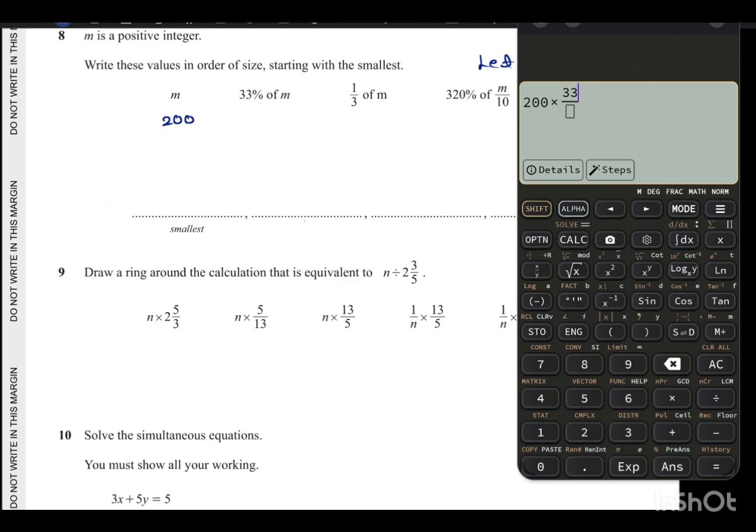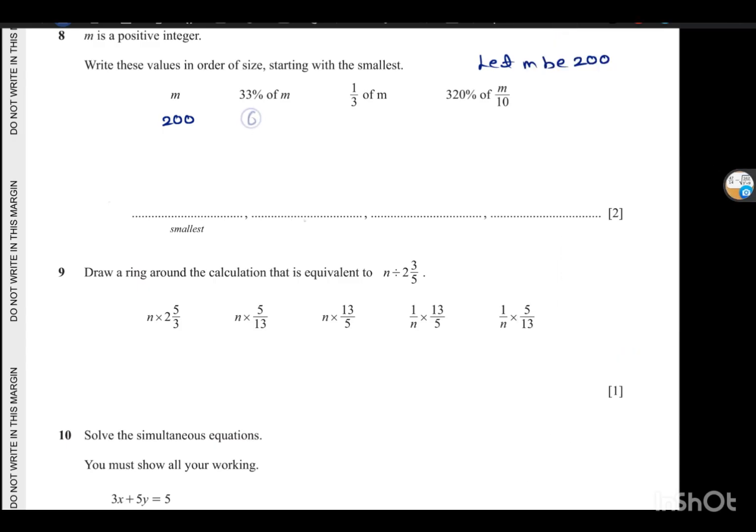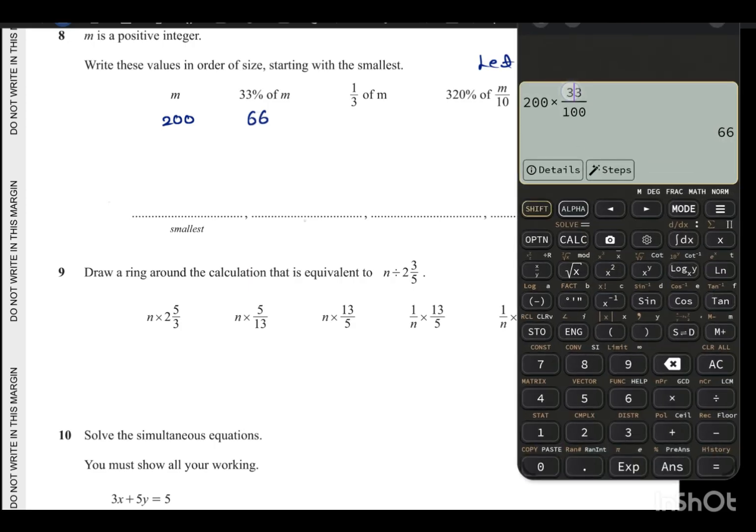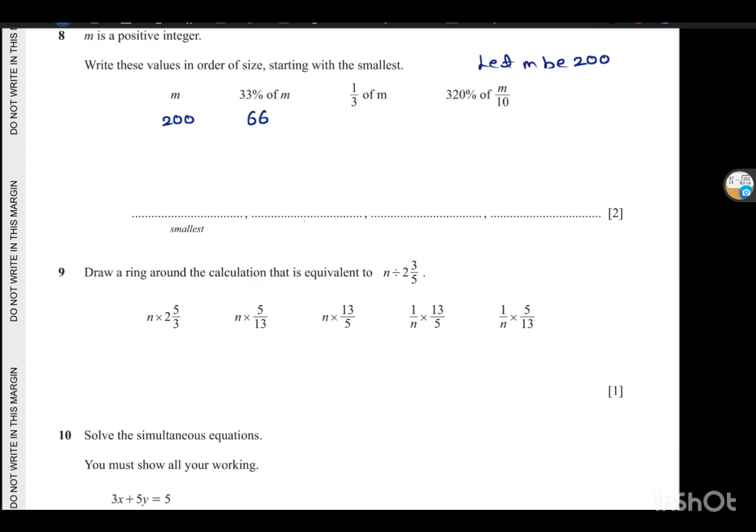So it is 33 by 100 times 200. It's 66. Then find out 1/3 of M. 1/3 of M is 66.666, so let me write 66.67.